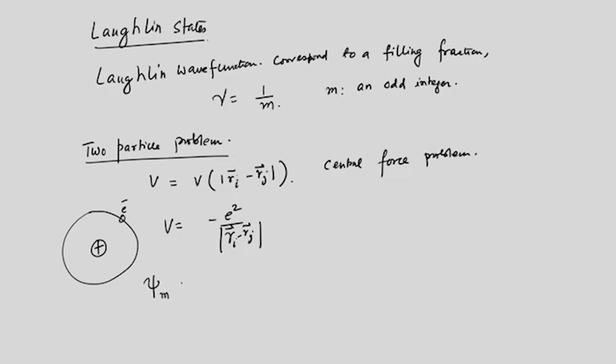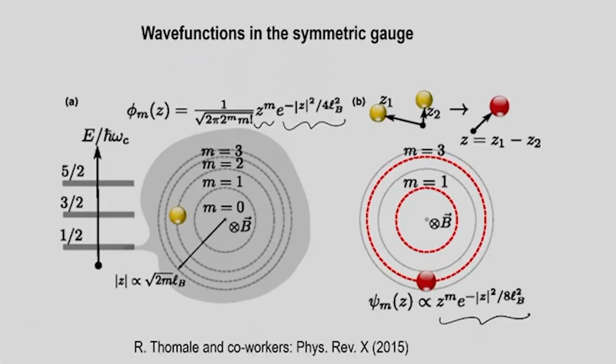The angular momentum being a good quantum number, we write down the angular momentum as Jz, which is the z component of the angular momentum, and this is written as some z to the power m and e to the power minus z squared by 4 lb squared. And this is something that we have discussed earlier, that these Landau levels in a symmetric gauge will have a wave function which goes as that, and this is what we have shown you in this picture.